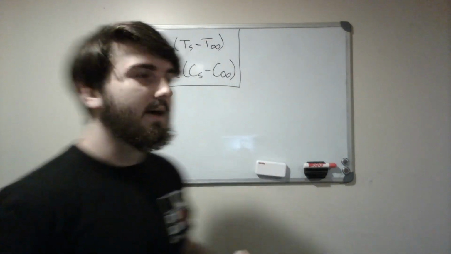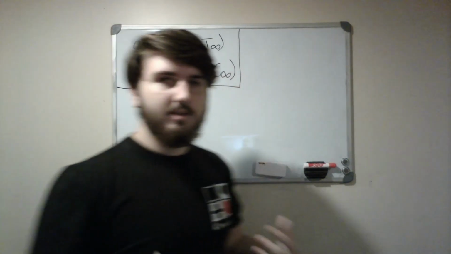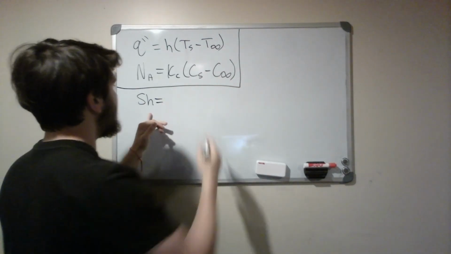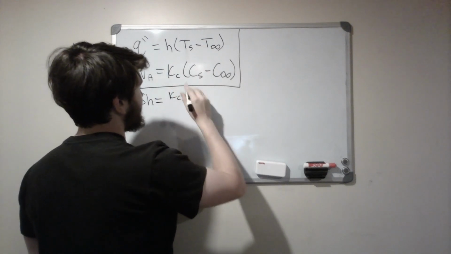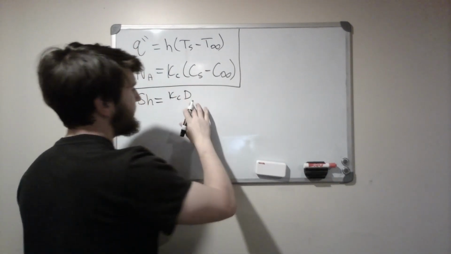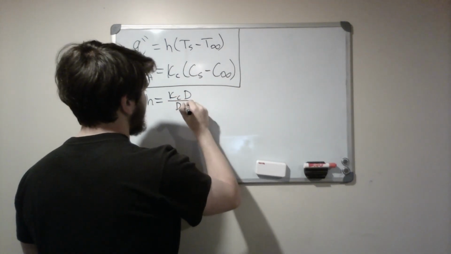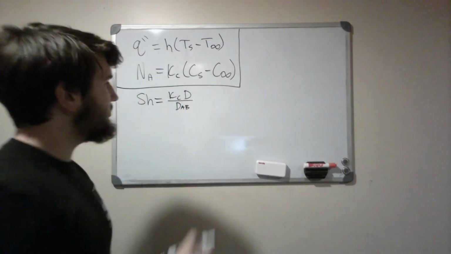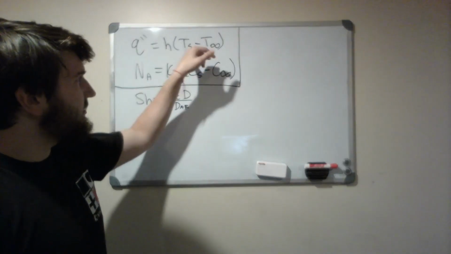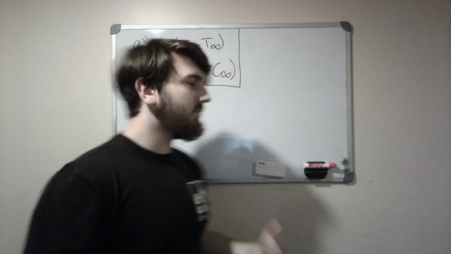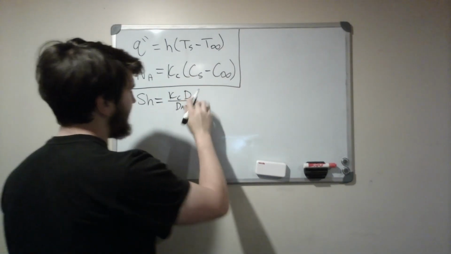And a way we can do that is we're going to first start off by looking at the Sherwood number. And we talked about this in the last equation. We know that the Sherwood number is equal to, in this sense, that mass transfer coefficient times a distance over that concentration coefficient. So with that, we can actually compare that to this because there is another number that works with that, and it just changes these two values here, not that distance.